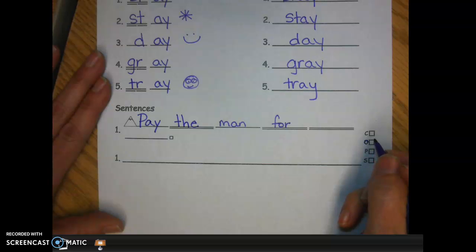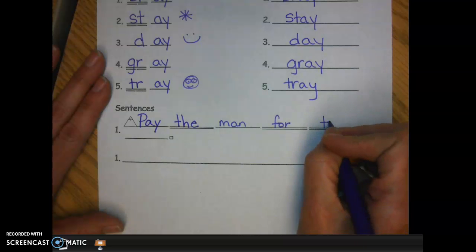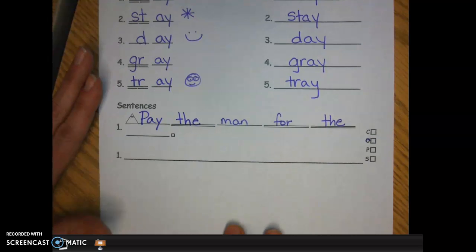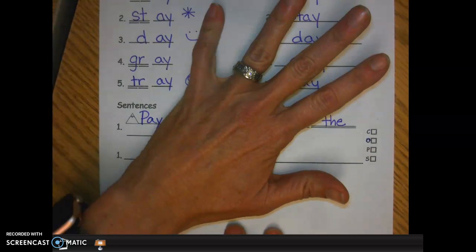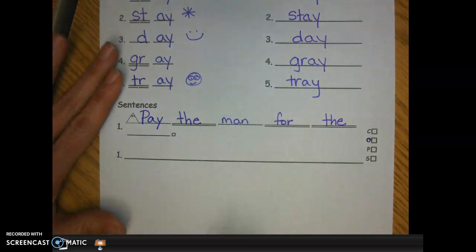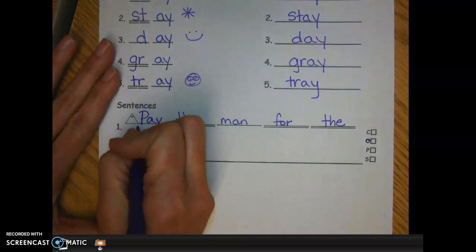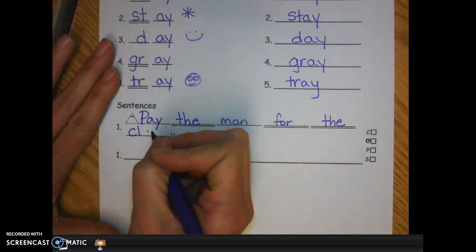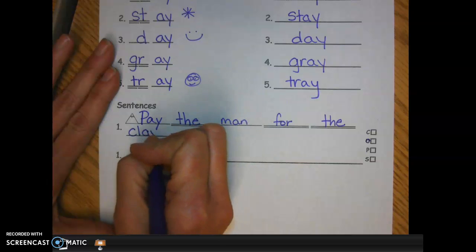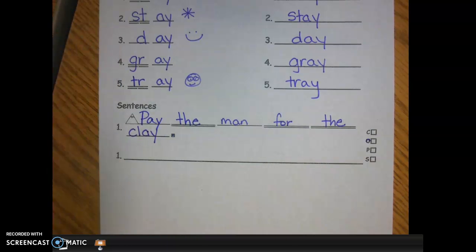There's what? Yes, there is 2 does. And they're both red words, so the. And then clay. Clay. Cool. A. It's a blend. Cool. And then A is at the end of the word, so it's going to be AY. And then I'll have a period.